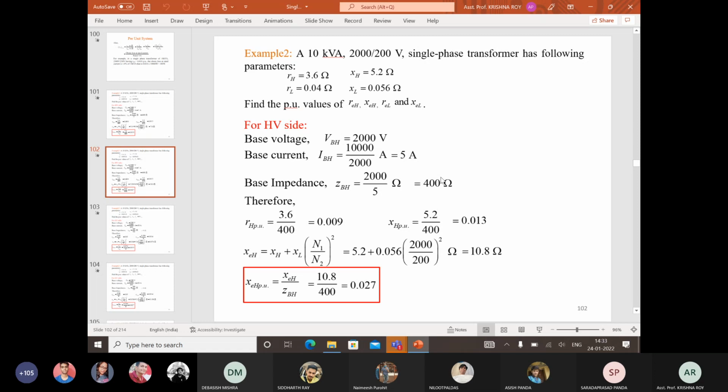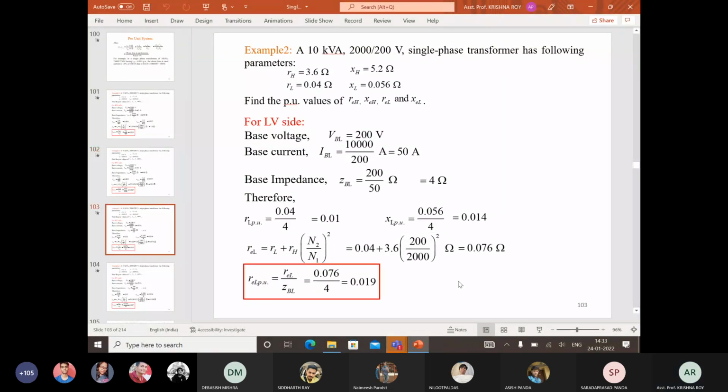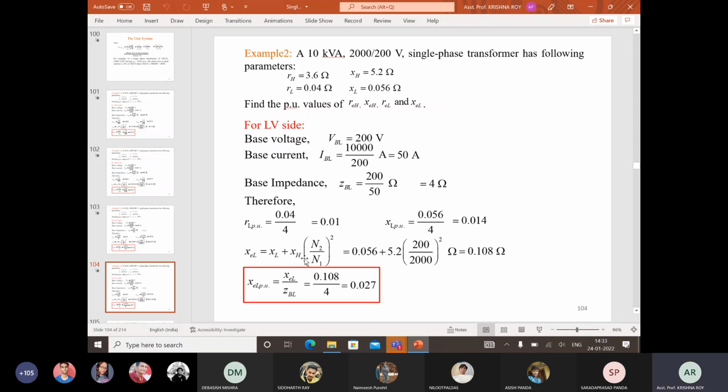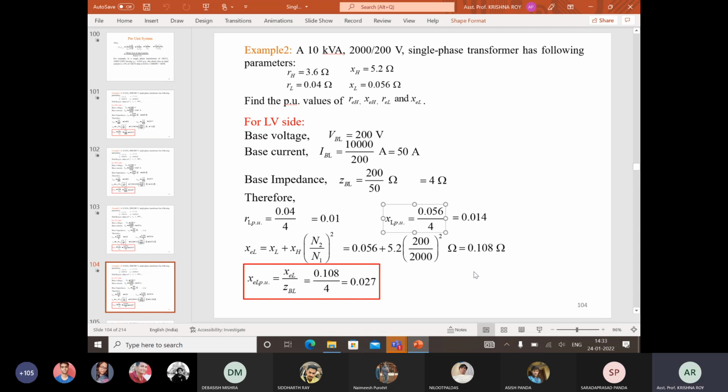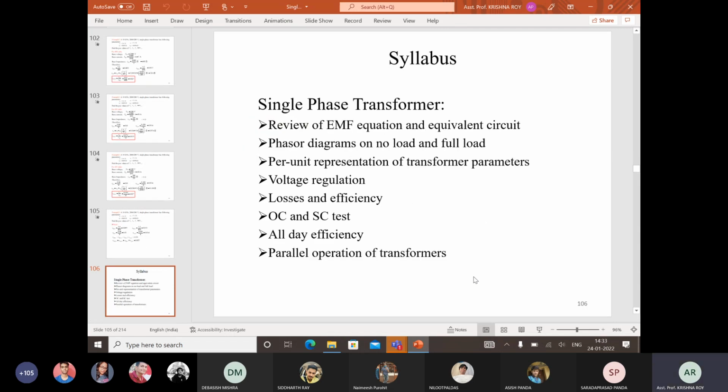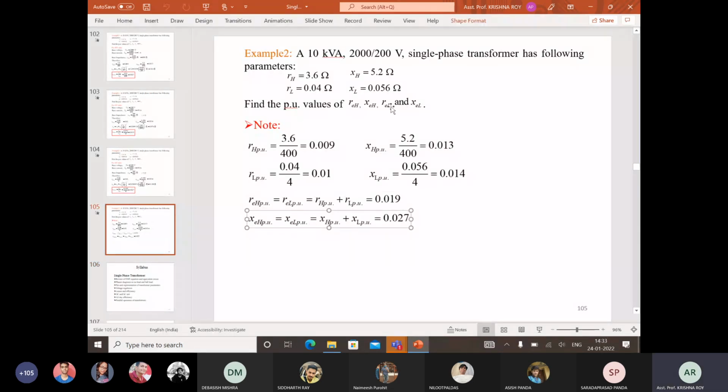Simply calculate this base value using either of these two formulae as I have mentioned. Then calculate this value and this value. After that, calculate this value and this value. Then apply this formula. Then all these values will be calculated.